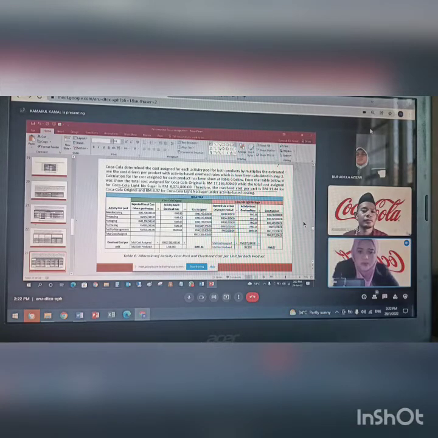For Coca-Cola Light No Sugar, I got the total cost assigned as 1.0718 million. Overhead cost per unit means total cost assigned divided by total units produced. So I got for Coca-Cola Original 11 ringgit 44 cent, and for Coca-Cola Light No Sugar I got an overhead cost per unit of 8 ringgit 97 cent.